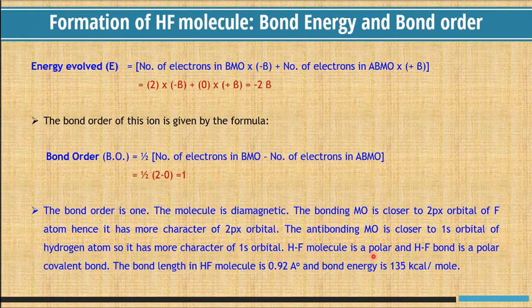The HF molecule is polar in nature, and the HF bond is a polar covalent bond. The bond length of the HF molecule is 0.90 angstrom and the bond energy is 135 kilocalories per mole. Let us consider the molecular orbital energy level diagram for another heteronuclear diatomic molecule, that is the carbon monoxide molecule.